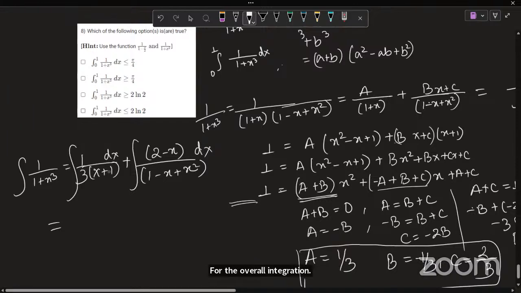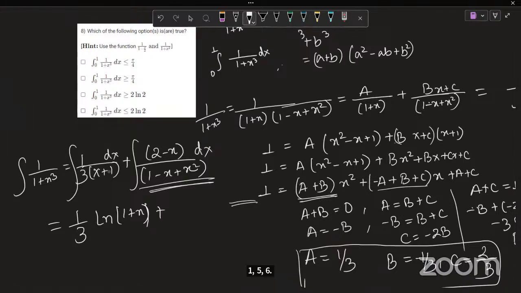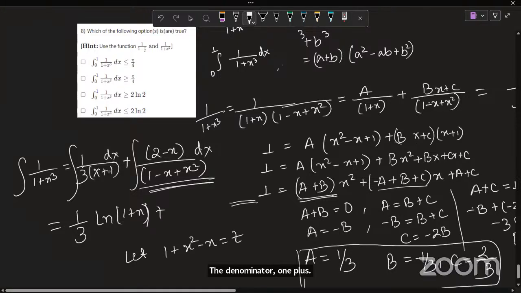So this one will be 1 by 3 ln 1 plus x, and now we have to integrate this function again. How can we integrate? Let the denominator 1 plus x square minus x be equal to t.